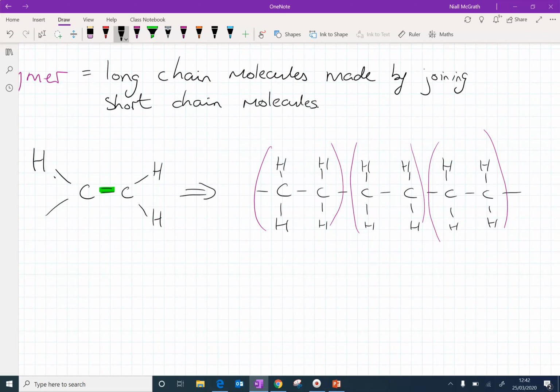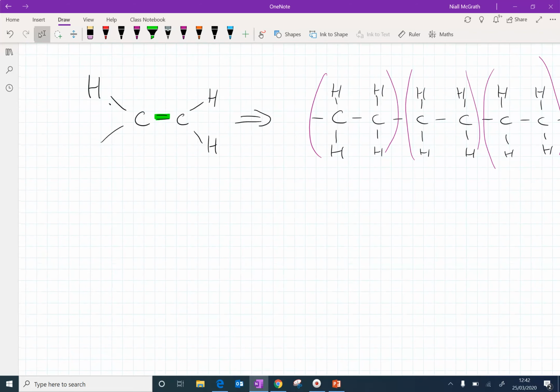Now if we look at polychloroethene, if we just had 1 unit of it by itself, it would look like that. That's just 1 unit by itself. This is if it was in the middle of a chain.